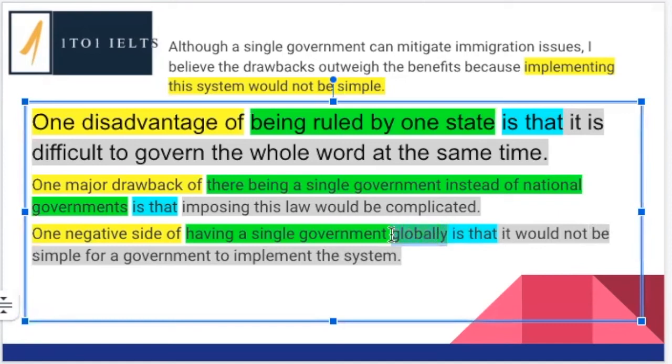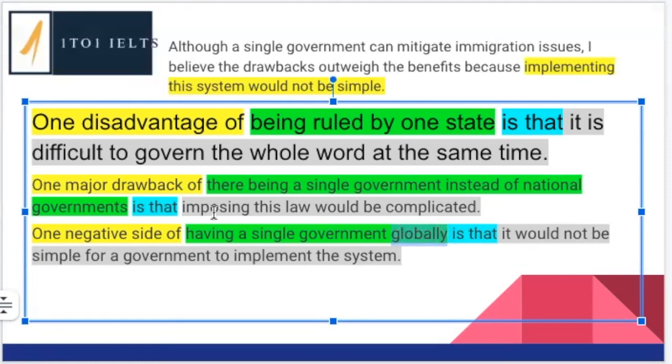What type of word is globally here? Very good, yeah, an adverb. So what is the adverb referring to? So remember, an adverb should refer to a verb.